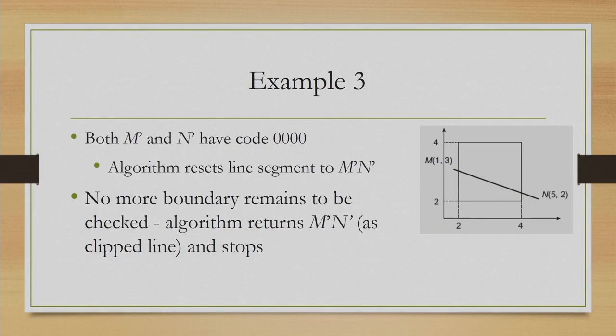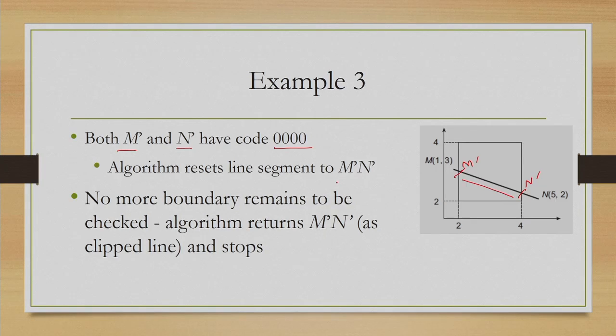Then we go for checking the endpoint region codes again, step 2 of the algorithm, and we find that M dashed and N dashed have same region code 0000. That means, this entire line segment M dashed N dashed is within the window.